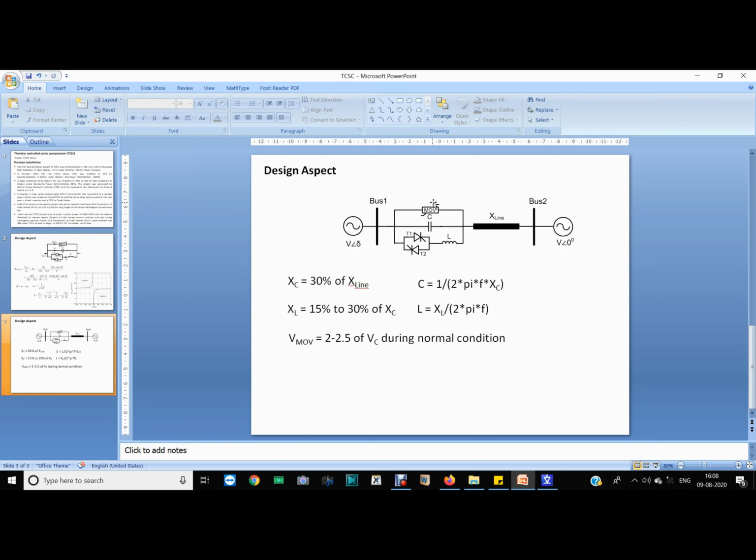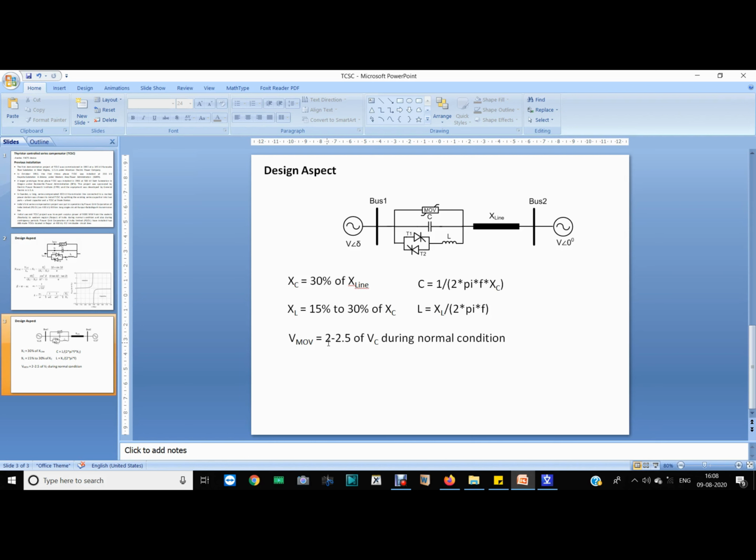But when a fault occurs, the voltage across capacitor increases. Now voltage across capacitor means voltage across MOV, because there are no other components in the MOV circuit. Say it crosses the voltage set value, whatever VMOV is.